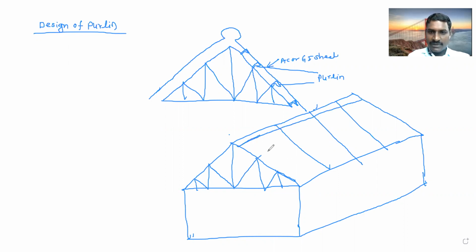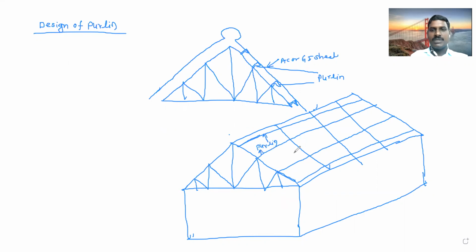These are the purlins at the panel points. So the purlins are along the length, and these are the trusses. This is a truss. Are you getting?